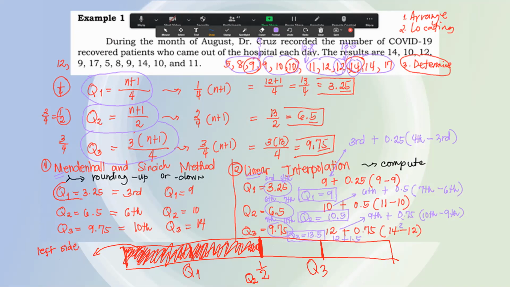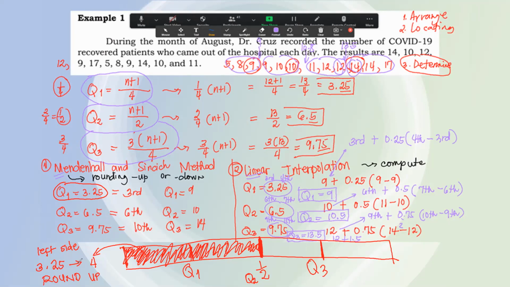Tulad nitong first quartile natin, which is 3.25. Dahil siya ay nasa left side, kapag mag-round tayo, round up. Okay? So instead of 3.25, this is 4.